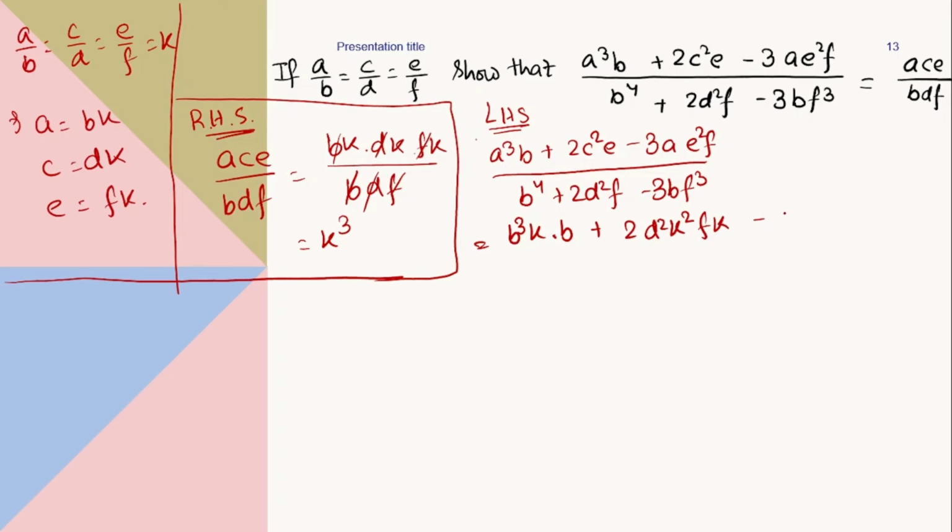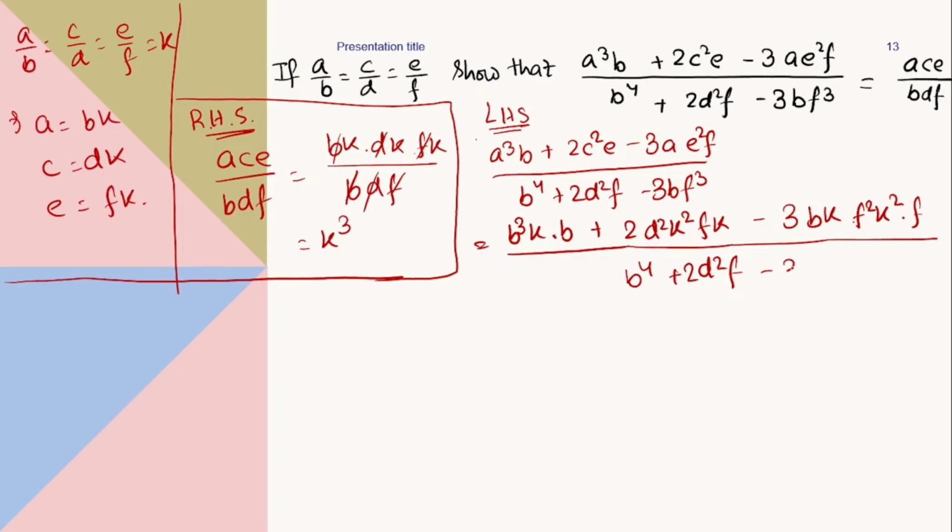And 3 A can be written as BK, and E can be written as F square K square, and F is as it is, divided by B power 4 plus 2D square F minus 3BF cube.